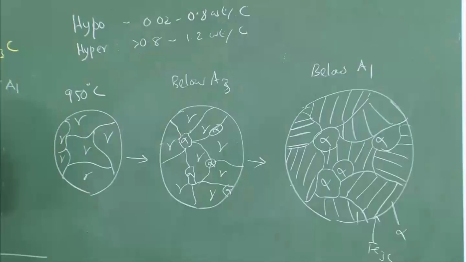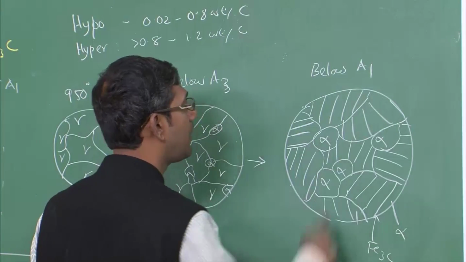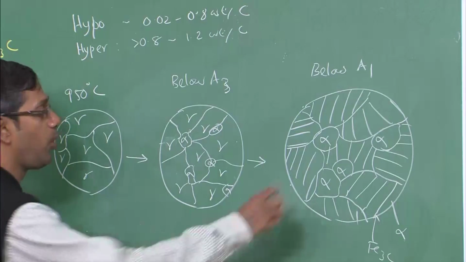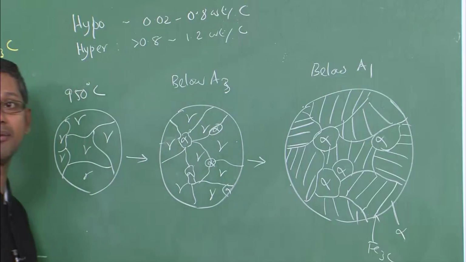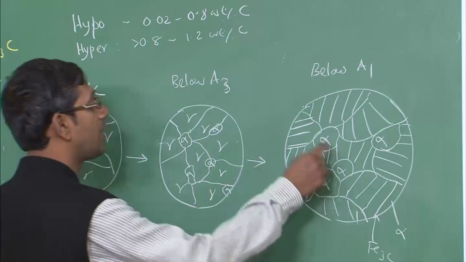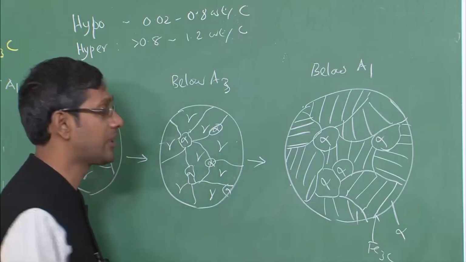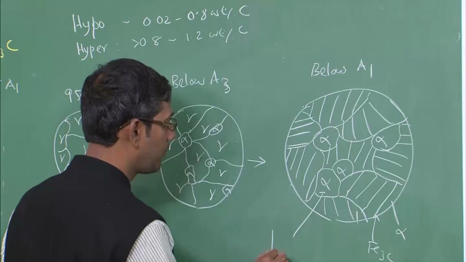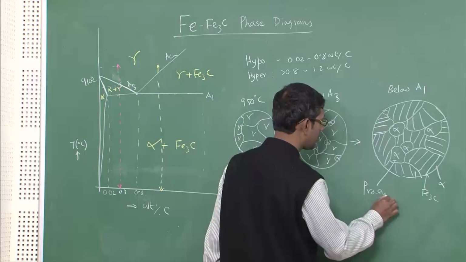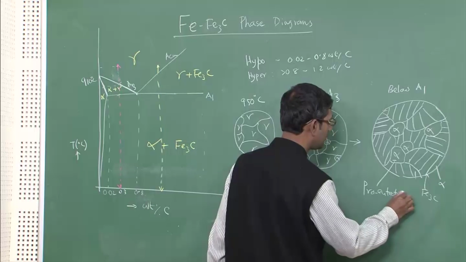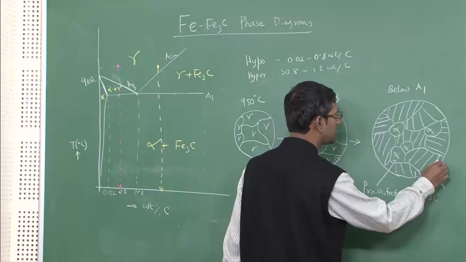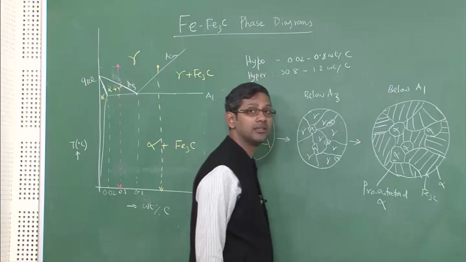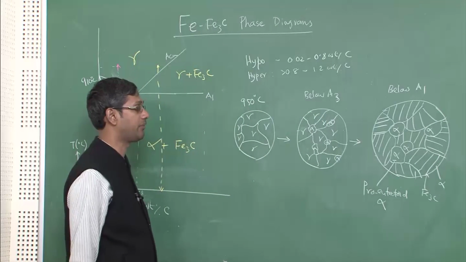As you know, there are two types of alpha here. One is this alpha which I have drawn, the big blobs of alpha, and the other one is the eutectoid alpha. So, this alpha which I have drawn here is known as pro-eutectoid alpha, and this alpha within the lamellae, or within the eutectoid, is called eutectoid alpha.